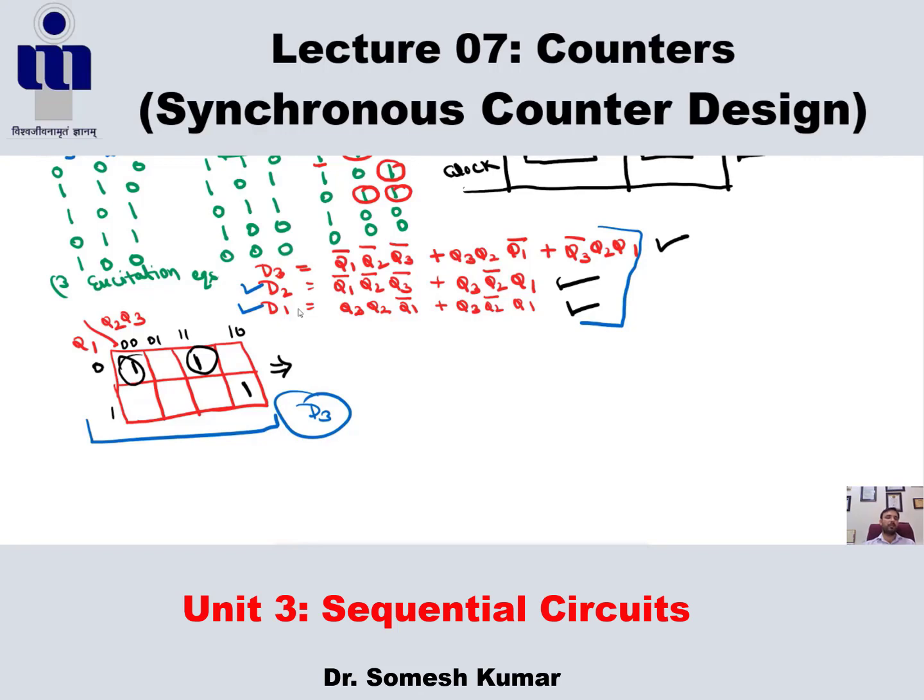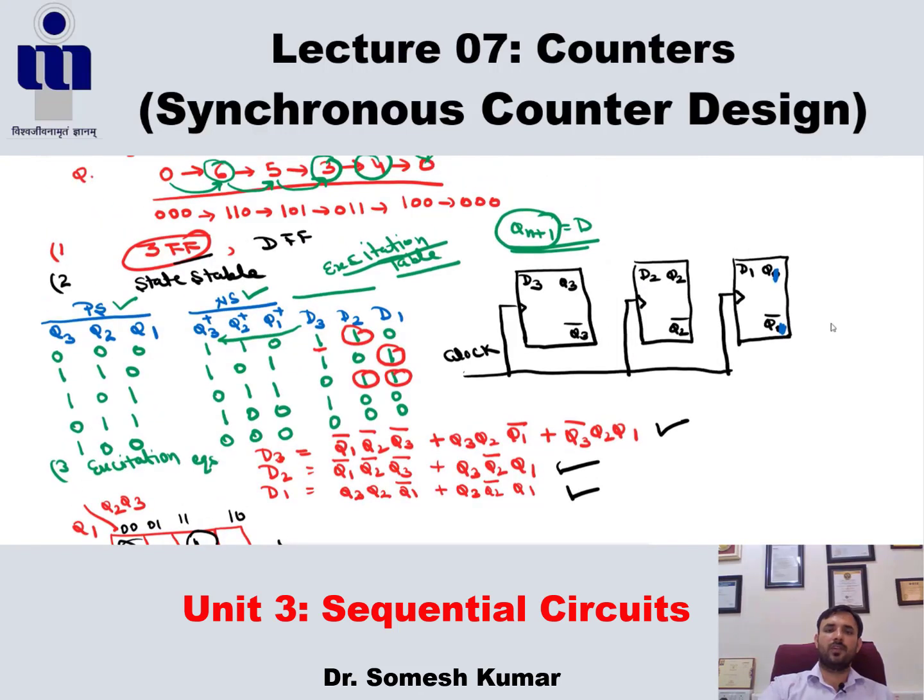So in this particular example, the fourth step, that is to minimize the excitation equation, is omitted here. So directly we go to the next step, that is to draw the circuit for D3, D2 and D1. So now this is our D3, this is D2, this is D1. So how to write these values?